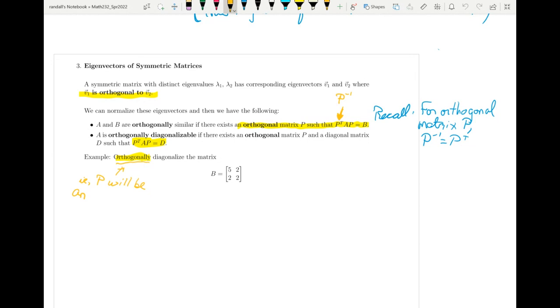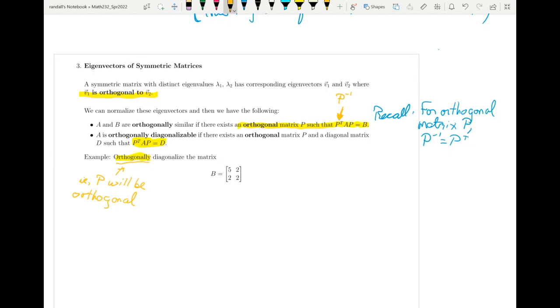When we say orthogonally diagonalize, the word orthogonal there is referring to the matrix P. Okay, P will be orthogonal versus just plain old diagonalizing a matrix, which does not guarantee that the P is orthogonal. Okay, it's just an invertible matrix. So this extra word is denoting that the P will be orthogonal.